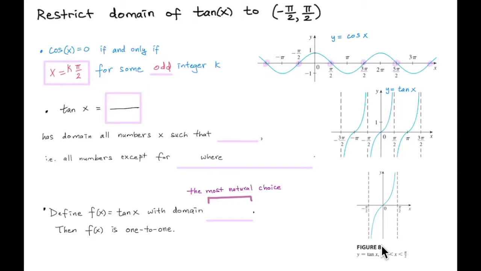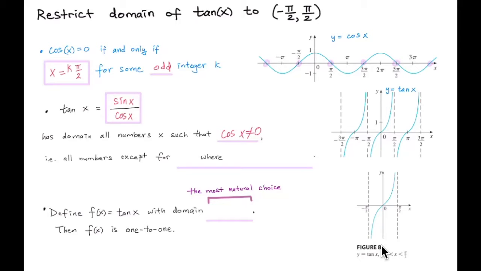Now I'm interested in studying the function tangent. Tangent of x is equal to sine of x over cosine of x. Because here we have cosine of x in the denominator, tangent of x has domain all numbers x whenever cosine of x is not 0.